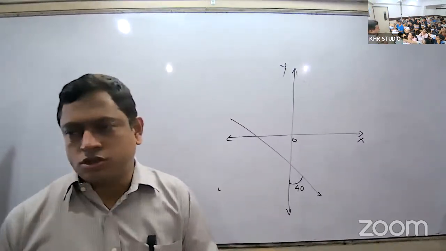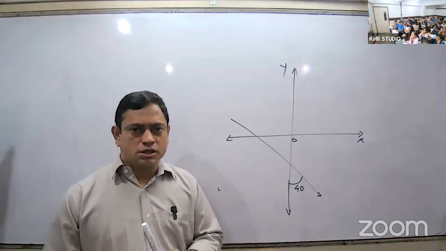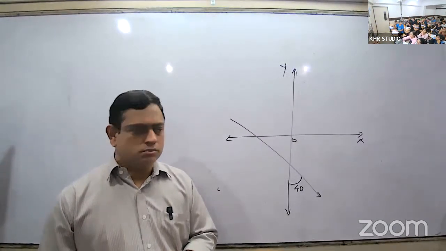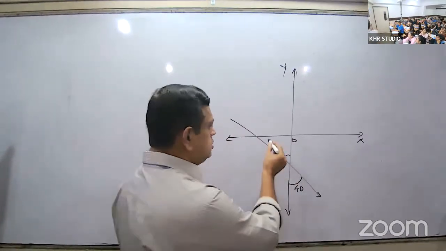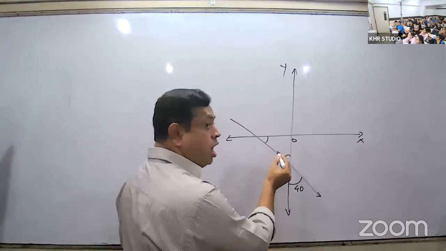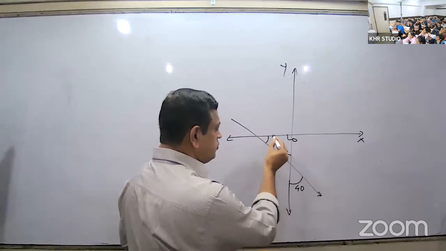Now look here. Stop talking. Whatever Siddhara said is correct. What is this angle? 50. Now this is 90, 40. Therefore, what is this angle?